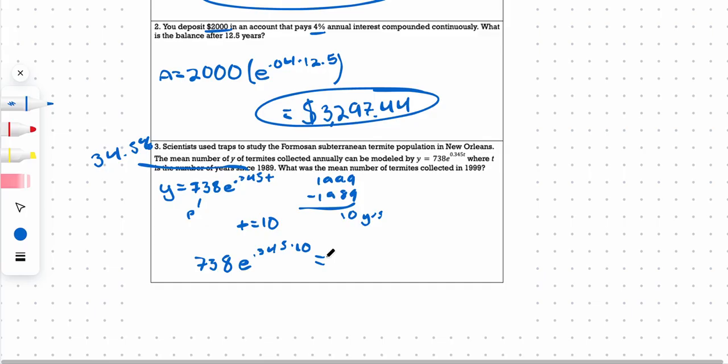We're going to get something like 23,247.29. Actually, I don't know if it would be logical to round to decimals in this case, but that's our answer. That's the population of Formosan subterranean termites in New Orleans.